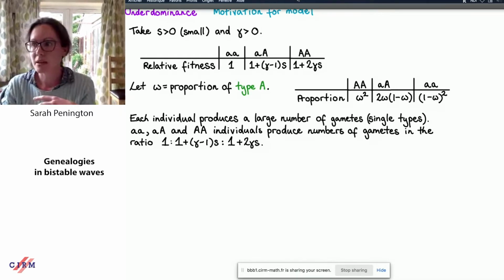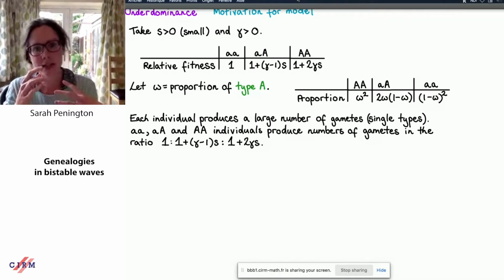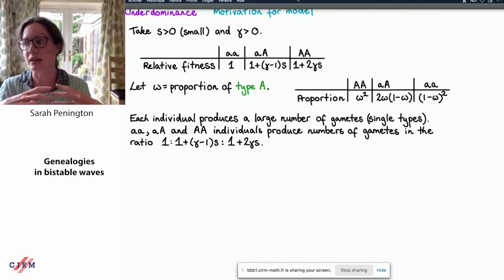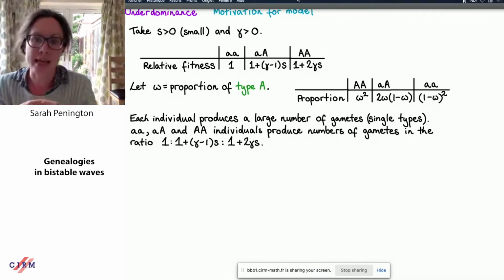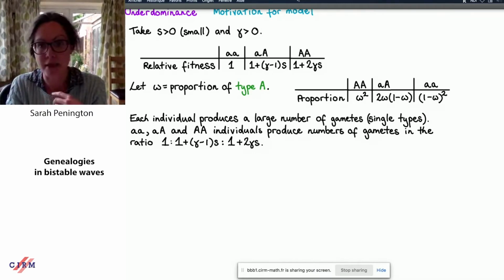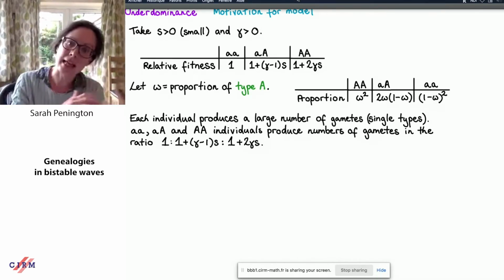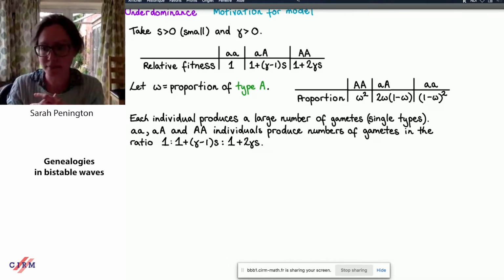And then the way that I want to think of reproduction as happening in the population is that each individual produces a large number of gametes, so reproductive cells that are single types. Capital A individuals will only produce capital A gametes, and little a individuals will only produce little a gametes, and then little a capital A individuals will produce half little a gametes and half capital A gametes.